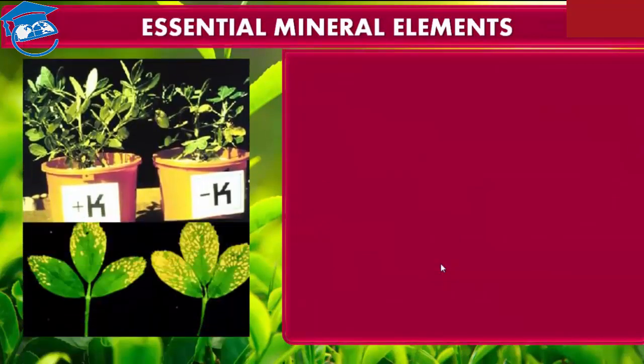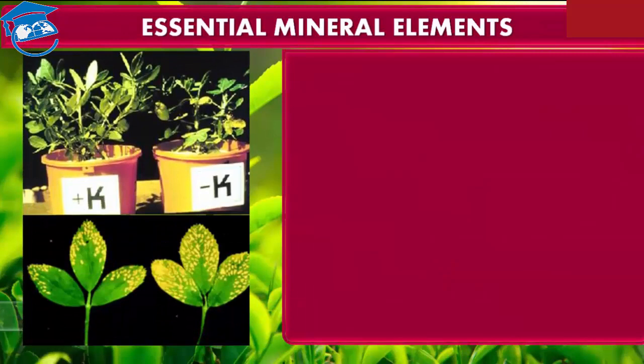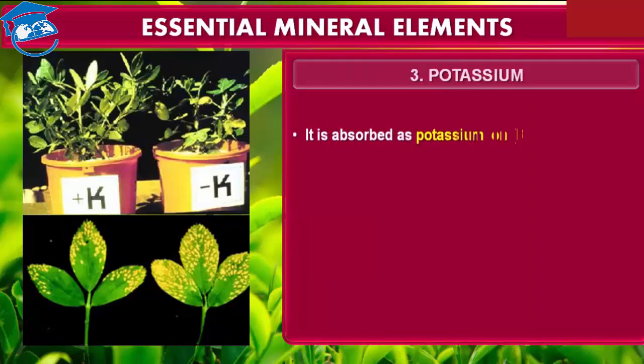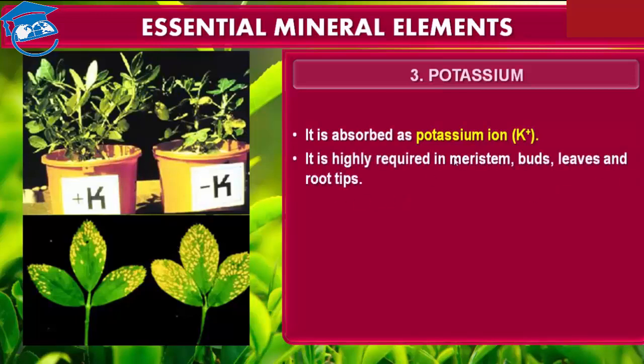Now potassium, which is another most important macronutrient, students. It is absorbed by the plant from soil in the form of K+, and it is highly required in meristem, bud, leaf and root tip.